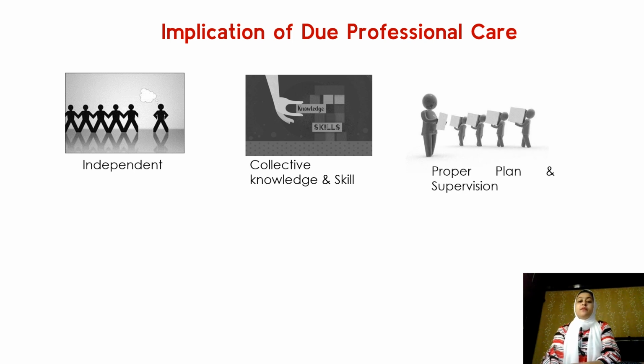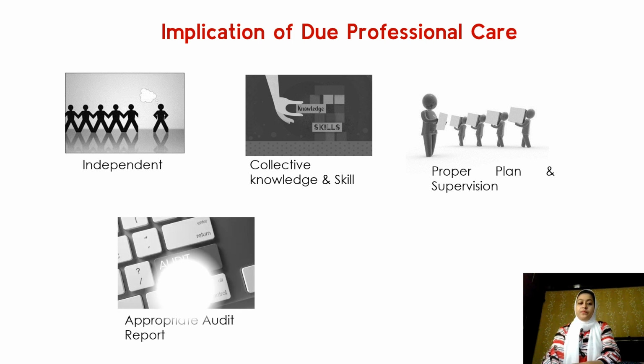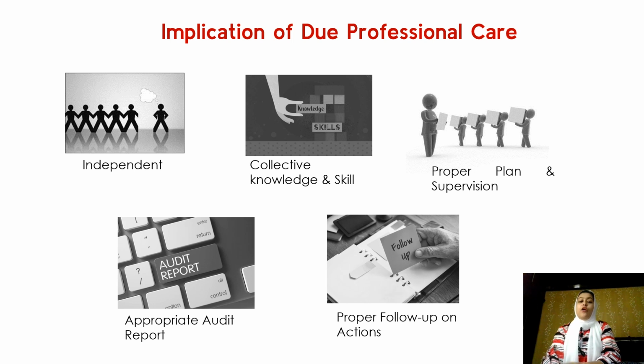Thirdly, audit work should be planned and supervised properly. Fourthly, the audit report should be objective, clear, concise and timely. And lastly, the internal auditor should follow up the audit findings, ascertaining whether the improvement measures have been taken correctively.